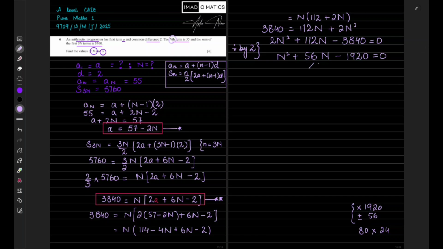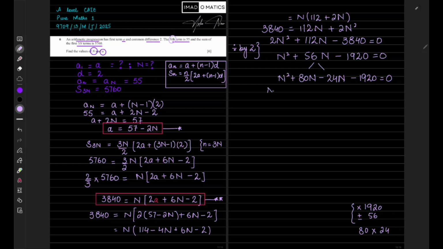So this term will be broken into 80n minus 24n minus 1920 equals 0.